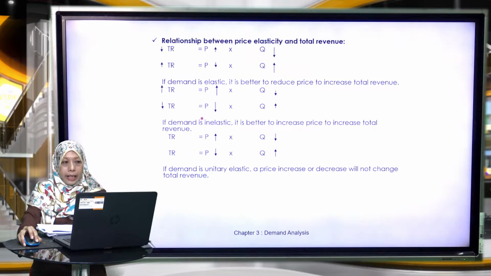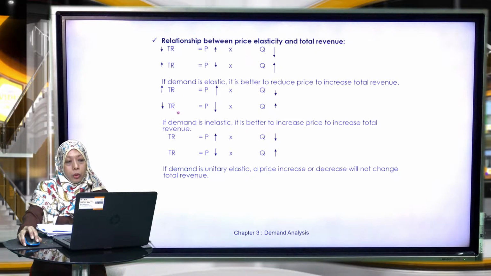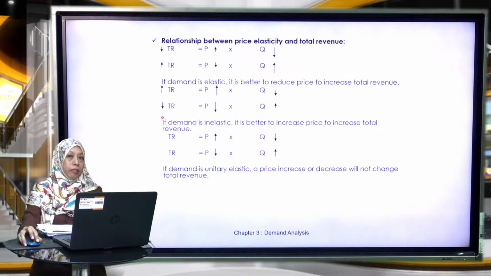But on the other hand, if you decide to introduce a price discount, the effect on quantity demanded would not be that much. Quantity demanded will increase by only a small amount. So total revenue will fall.